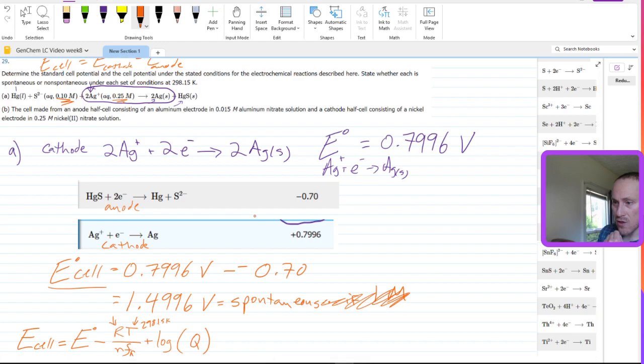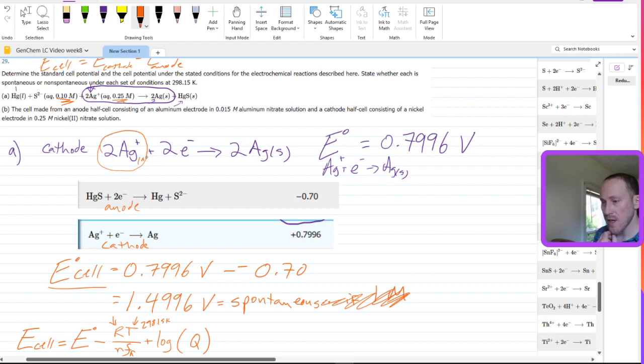So the concentration of our reactant must be our silver. That's the thing that has a concentration because it's aqueous. The product is getting, is this right? No reduction? Let me think about it.